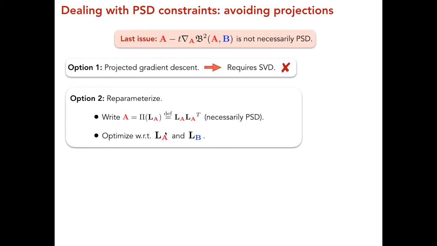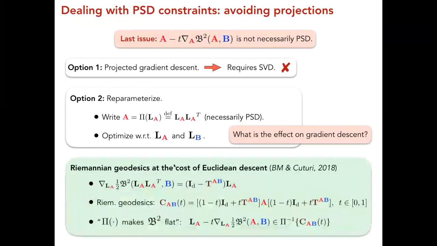But a natural question is what impact does this have on gradient descent, right? Do I gain or lose anything by changing parametrization? And what we've shown with Marco is that, in a sense, working in this LL transpose parametrization allows us to mimic Riemannian gradient descent at the cost of Euclidean descent.